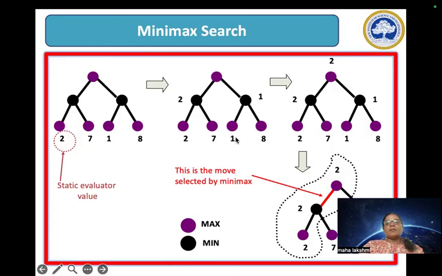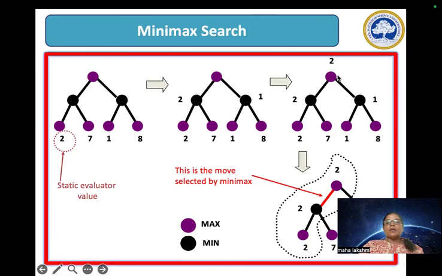Similarly, if the utility values are 1 and 8, this minimum player will choose 1. And then here, which player is there? The max player, whose children are 2 and 1. As a max player, it will choose 2.